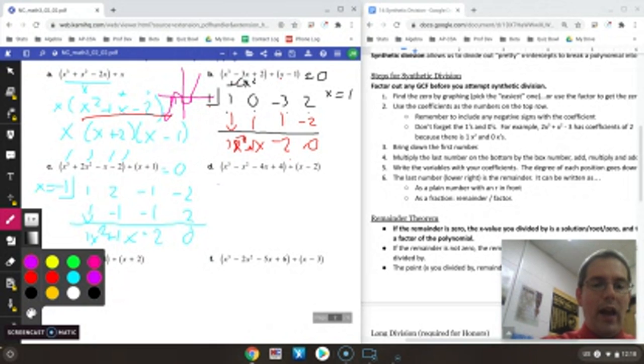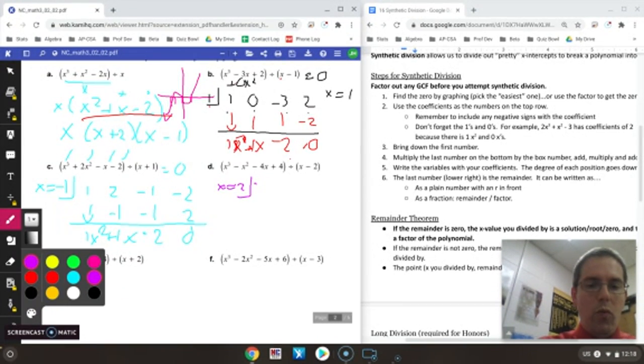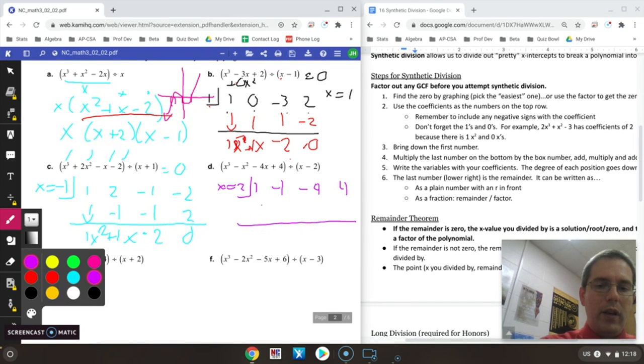Okay, on D, I get x equals 2. My coefficients, once again, are 1, -1, -4, and 4. Always remember to include the negatives as part of your coefficients. I'm going to bring down my 1. So that gives me 1 times 2 is 2, plus -1 is 1, times 2 is 2. -4 plus 2 is -2.